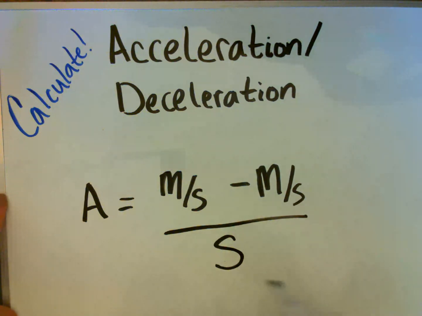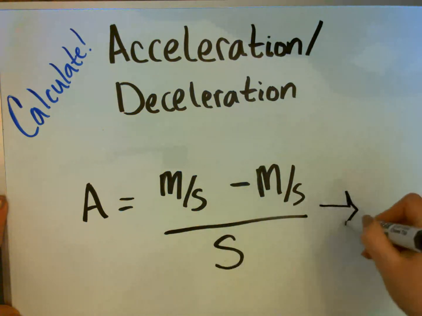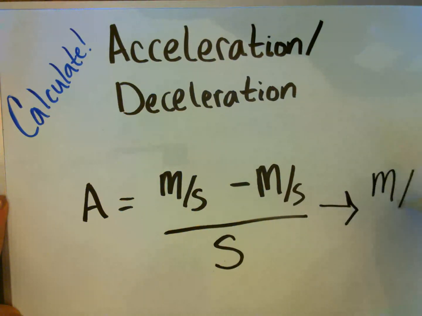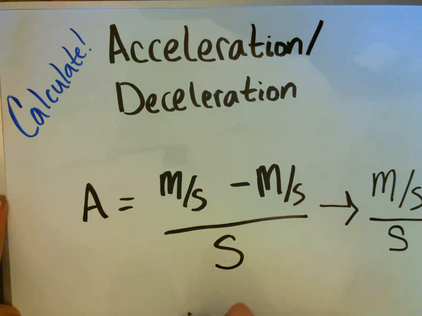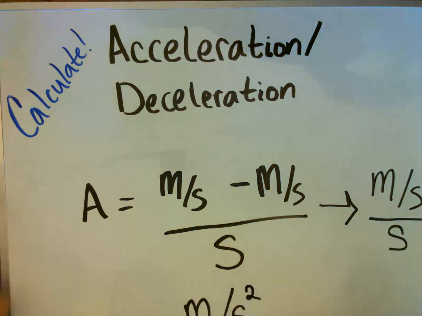Let's simplify this. Meters per second minus meters per second is going to give us meters per second on top. Then this is all over seconds. So this again can be simplified from meters per second to meters per second squared.